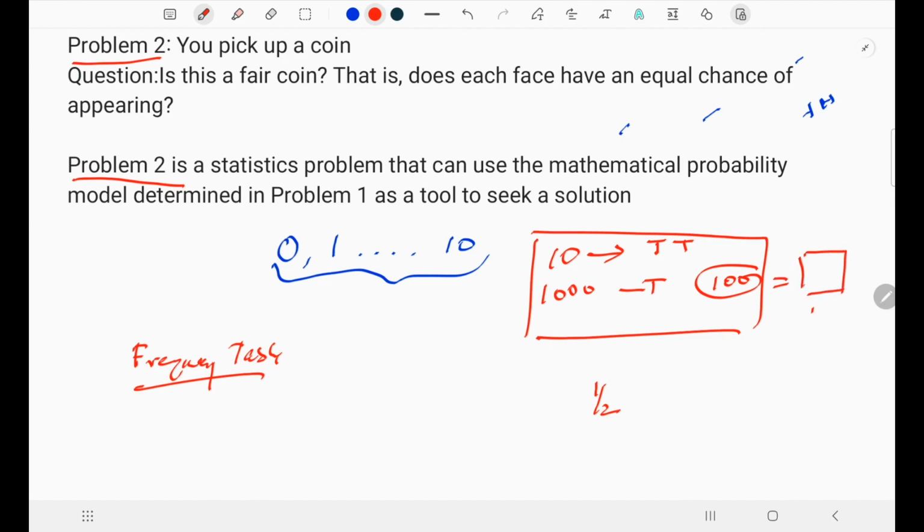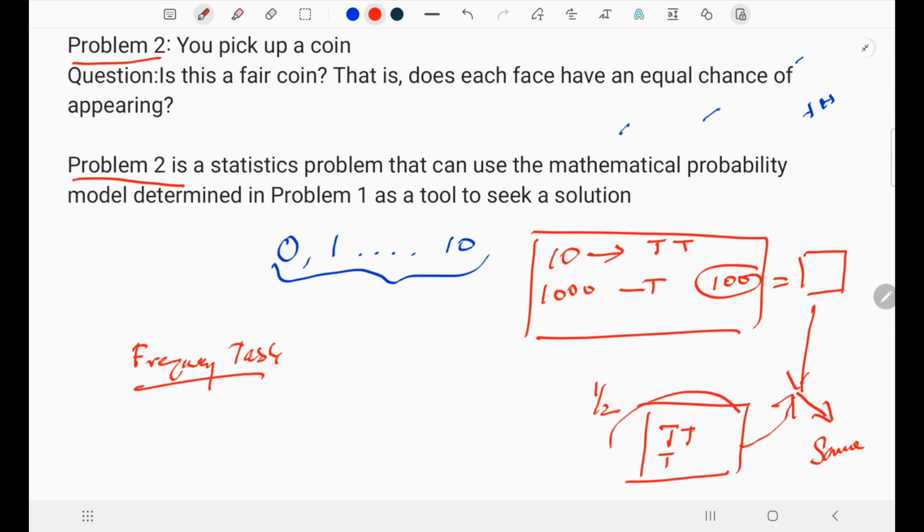Then do it in real time: toss the coin 100 times or 10 times and check how many times I get the tail, and compare this result with the mathematical one. If it produces the same output, then we can say it is a fair toss. If we get a different result in real time than mathematically, then we can say it is biased, or not fair.